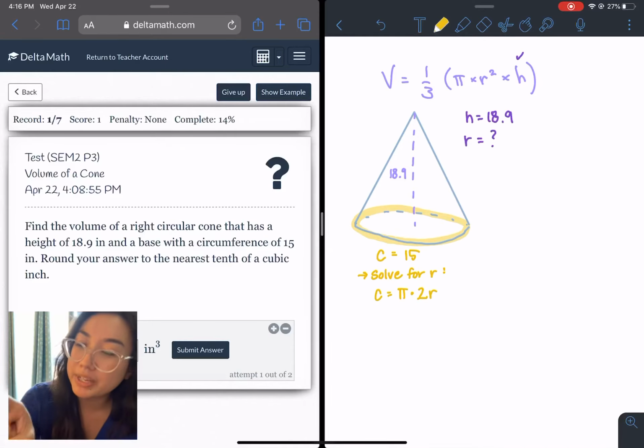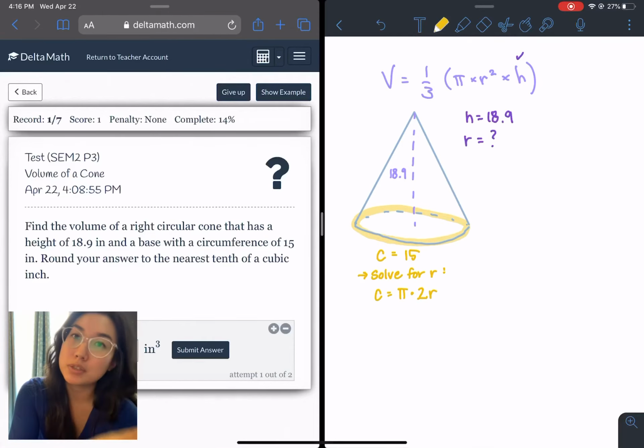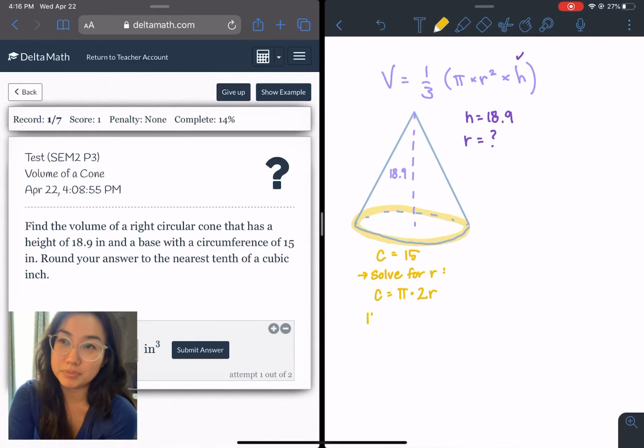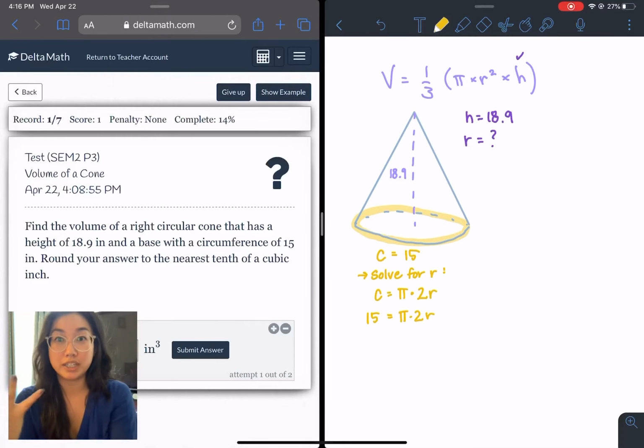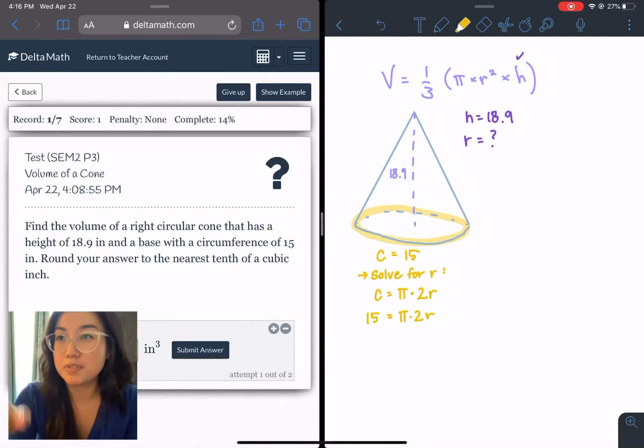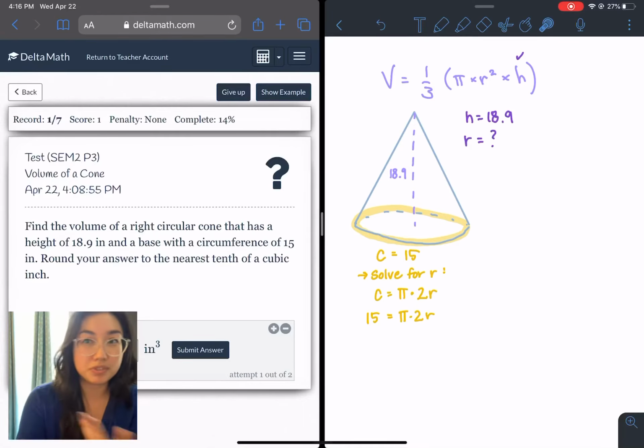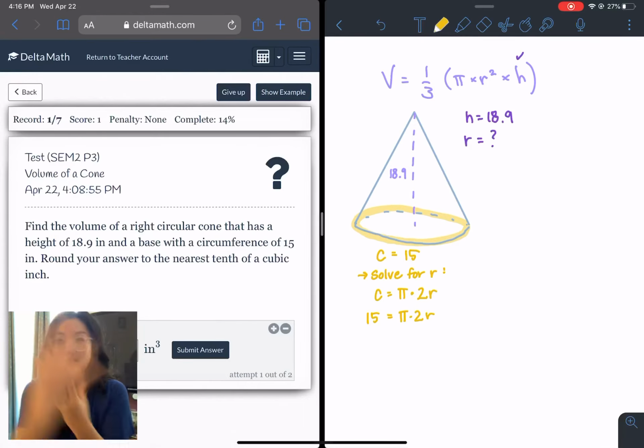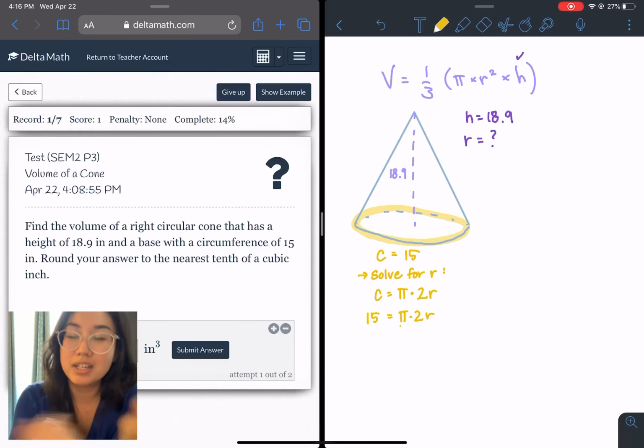So that r, we have to isolate that r so we can plug it into our volume formula. Now, I end up setting 15 and pi times 2r equal to each other because if you notice, I get that 15 from the circumference, or c, which is equal to 15. I just substituted it right in.